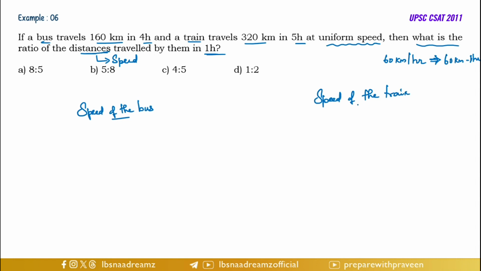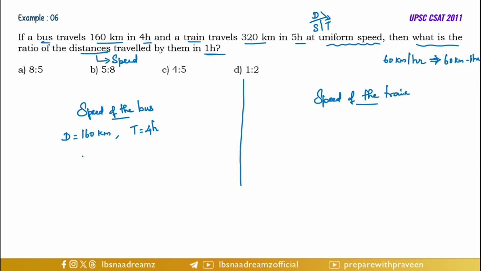Speed of the train. So what is the formula to find speed? d s t. So what is the formula? The speed is equal to distance by time. Here the distance is equal to 160 kilometer. Time is equal to 4 hours.